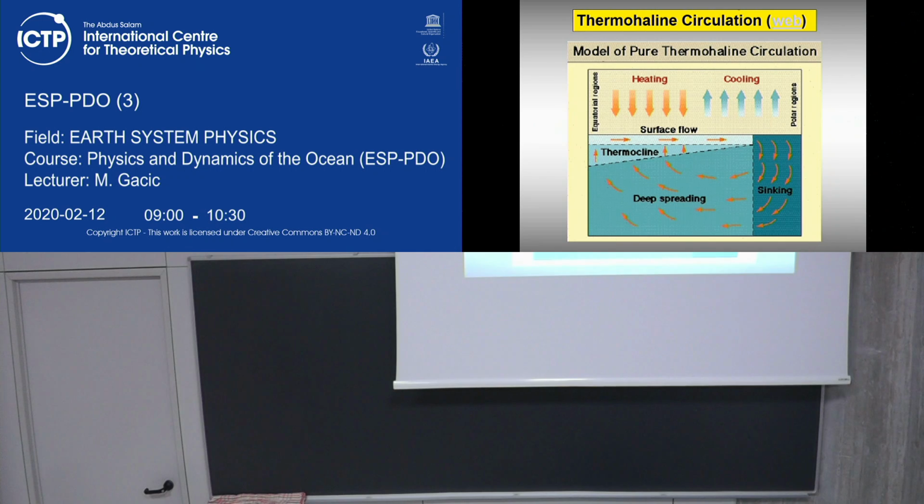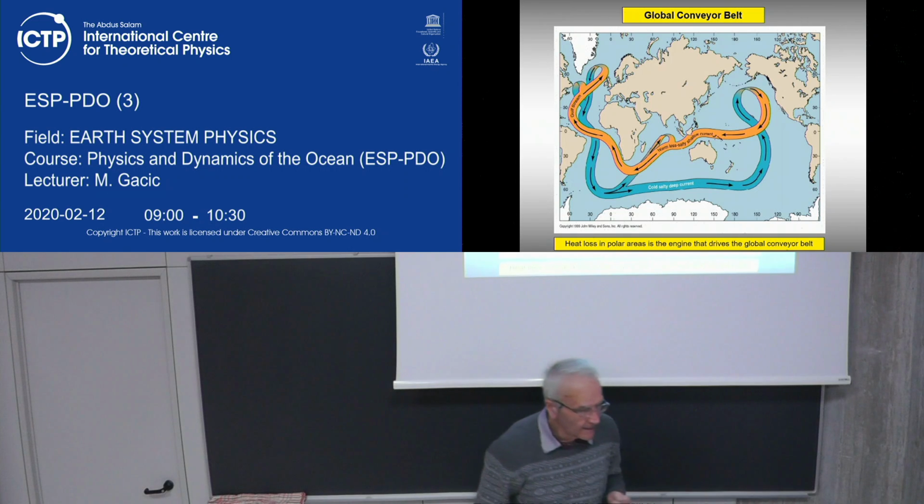As we have seen before from experimental data, this is what can be schematized along the north-south transect. But the situation is not really very simple if you look at a two-dimensional scheme.